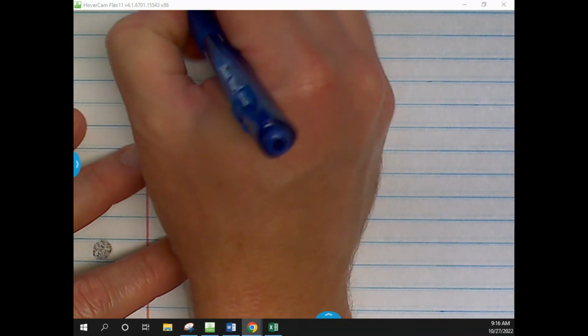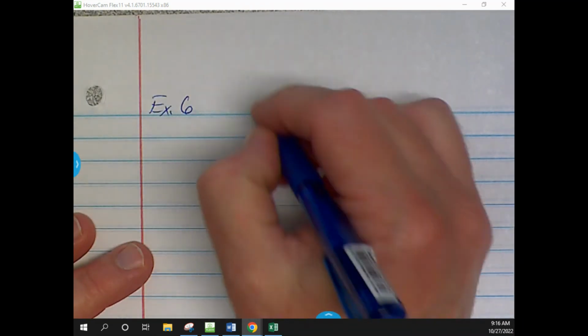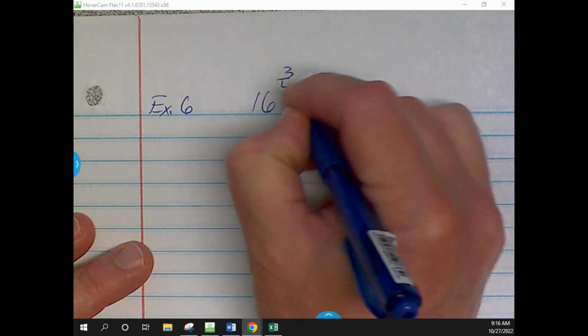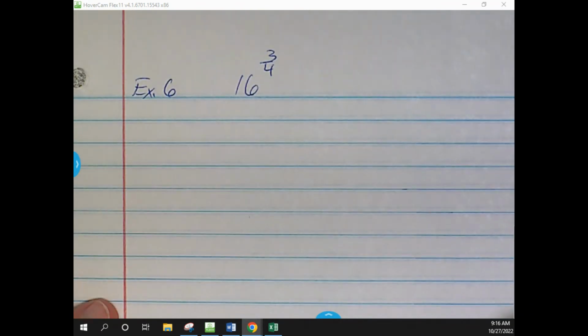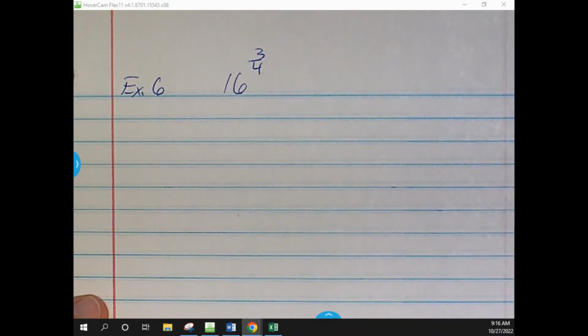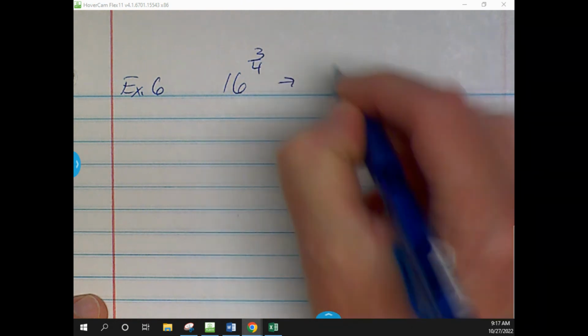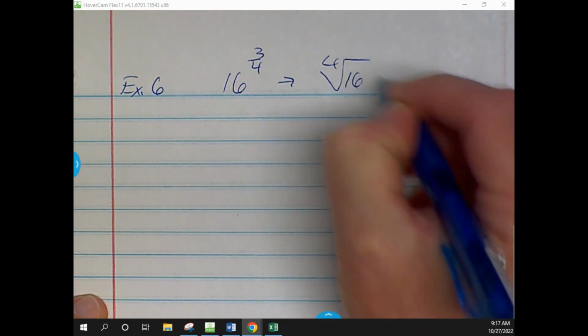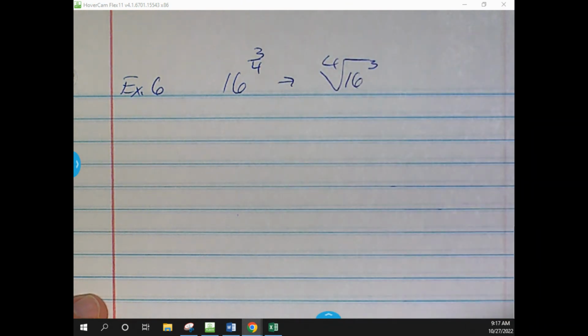All right, getting close. Yeah, it was 16. All right, let's go 16 to the 3/4 power. If anybody knows that right off the top of your head just by looking at it, that's fine. But again, if we rewrite it, it's the fourth root of 16 to the third power.